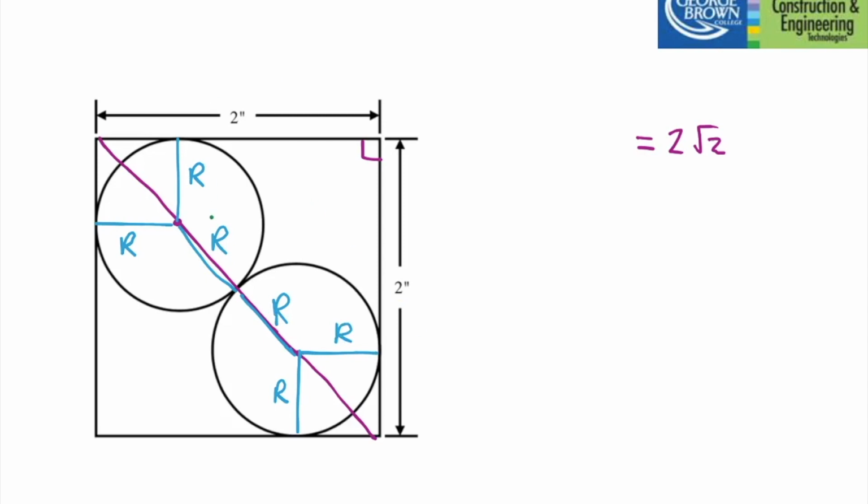Furthermore, you can do the 1 root 2 trick, so this length here is r root 2, and this length here is r root 2. If we tally them up, these pieces add up to 2 root 2.